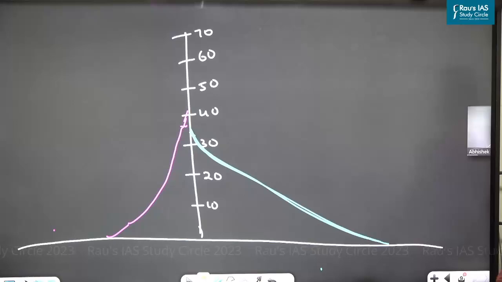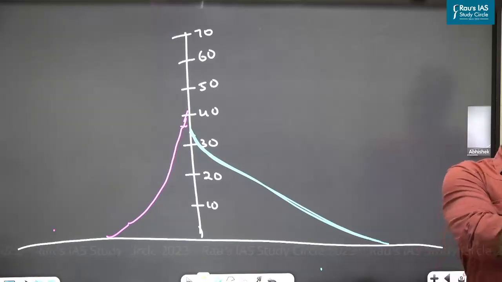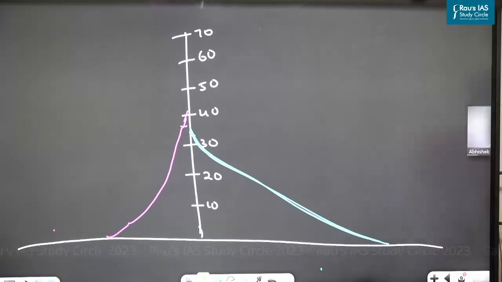So next is stage 2. This stage leads to a fall in the death rate and an increase in population.